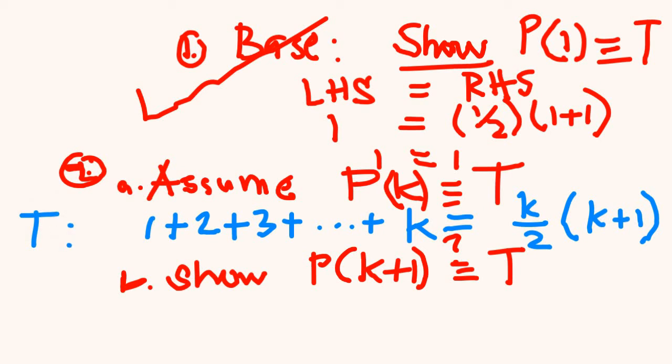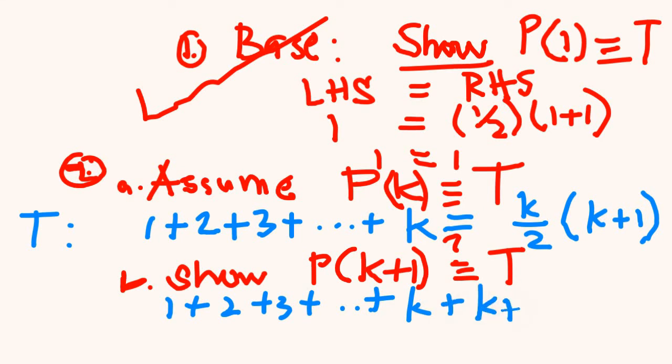What we are going to show is the next element. So we're going to show that 1 plus 2 plus 3 up to k plus 1 also follows the formula, which is the highest element, k plus 1, over 2, times k plus 1 plus 1.